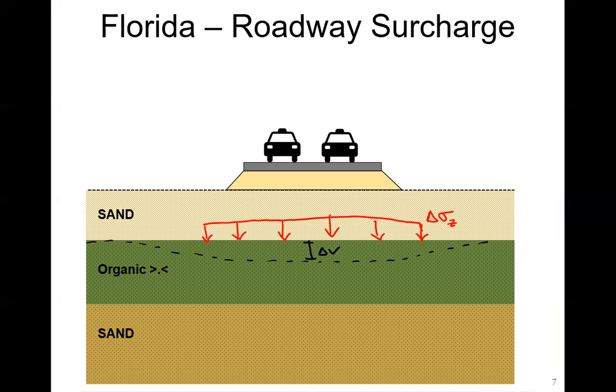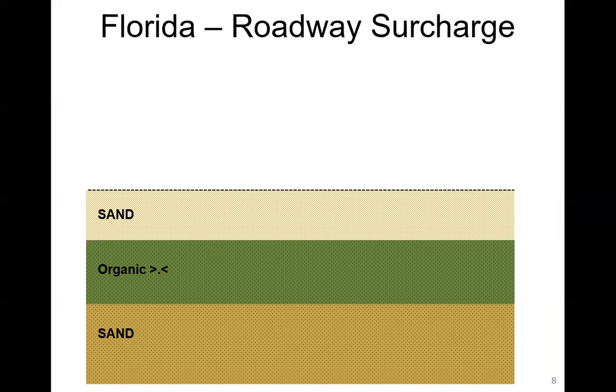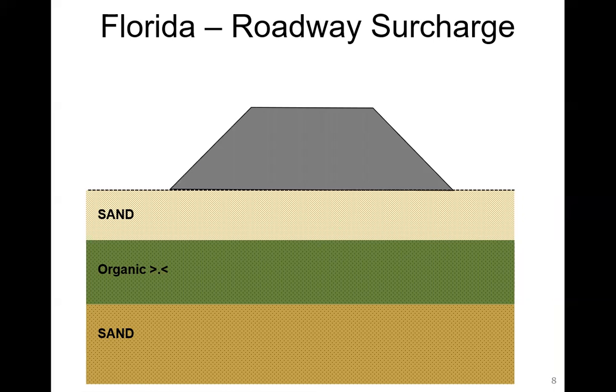So instead of having this settlement occur over time under this little loading, what we do instead is install a massive embankment. So this is our surcharge. This massive embankment still causes a delta sigma Z here.